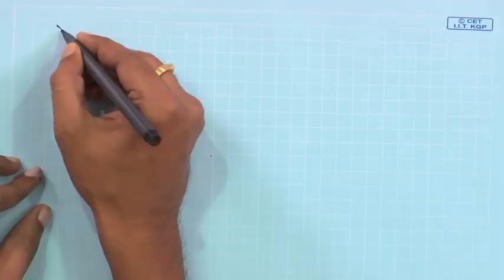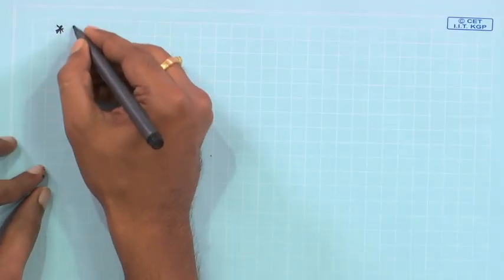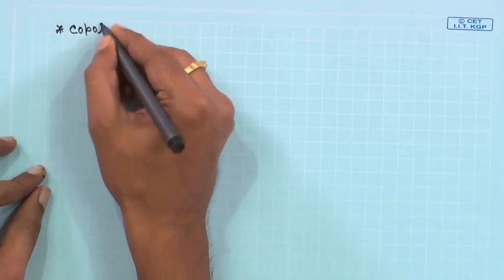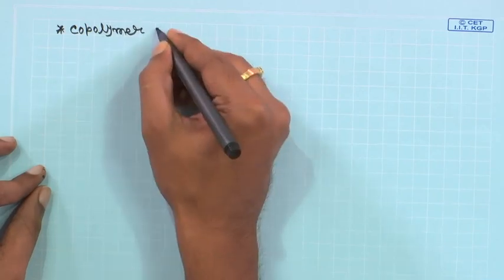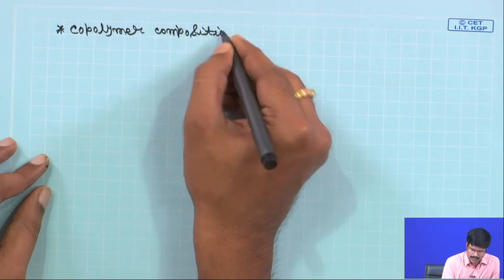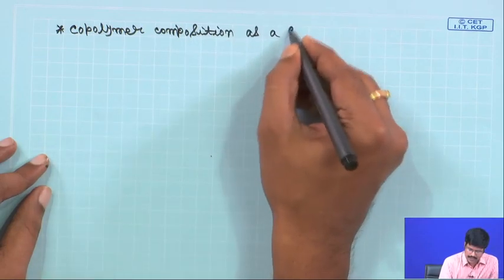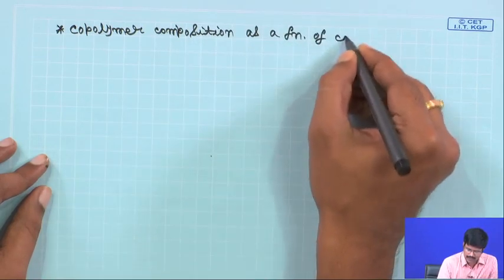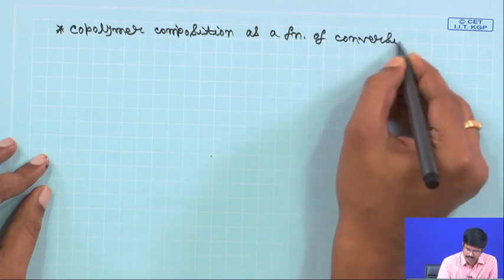Okay. Now, next what we want to talk about is copolymer composition as a function of conversion.